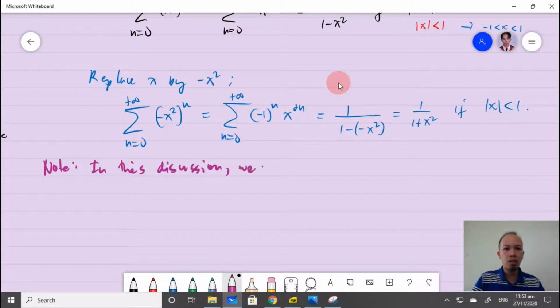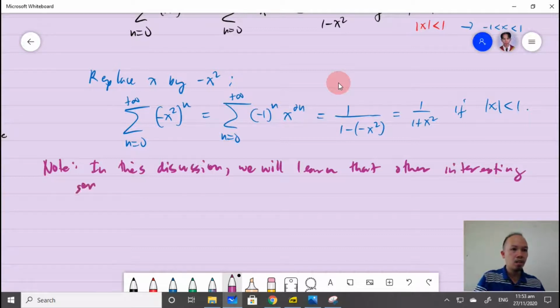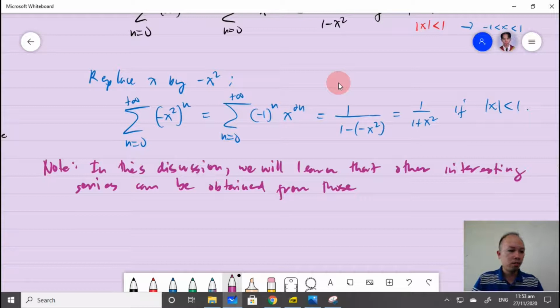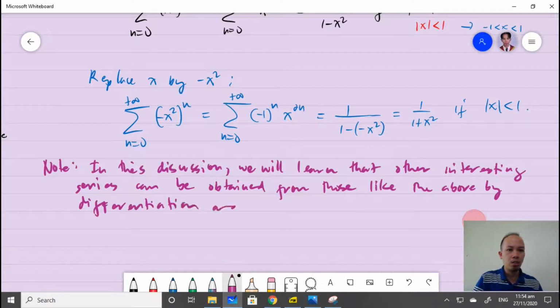We will learn that other interesting series can be obtained from those like the above by differentiation and integration.